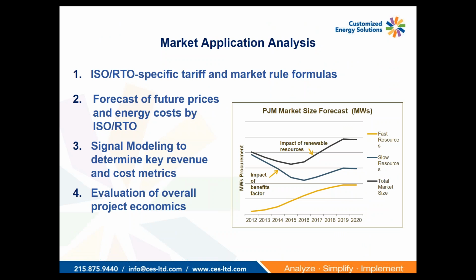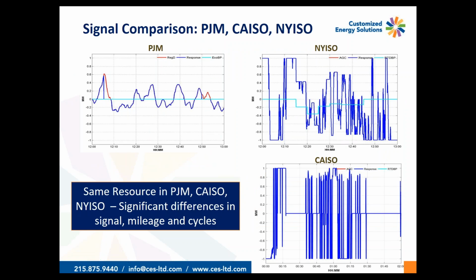And along with that, we can also find metrics like how many cycles and what depth of discharge these cycles are being done by the resource in this market. And that can also be used to decide an operating strategy or optimize an asset or come up with the optimal size of the asset. And all these metrics can be put into a financial model to decide the investment merits using NPV or IRR, whatever metric the developer likes to use.